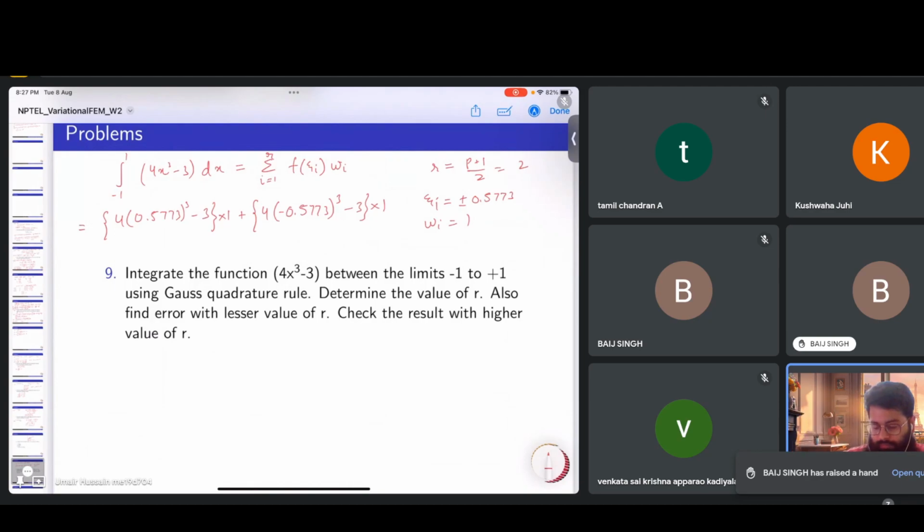So if we try to solve this, this term and this term would have opposite sign, and weights are also same for these two. These two would cancel out. We'll be left with minus 3 and minus 3. That is, I think, minus 6 is the answer for this, hopefully.